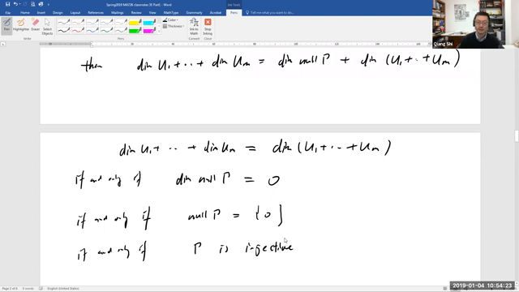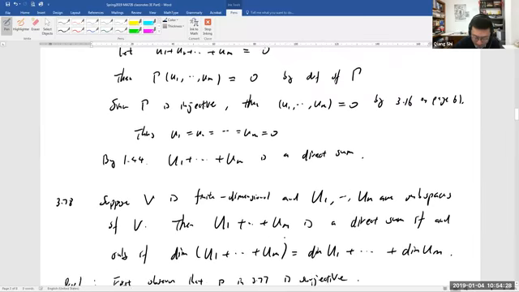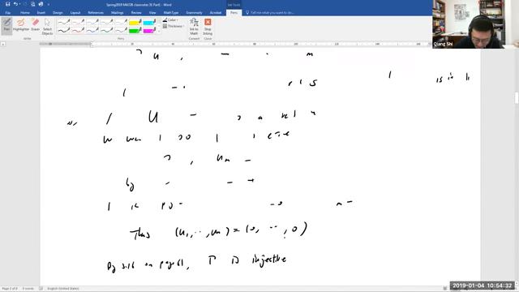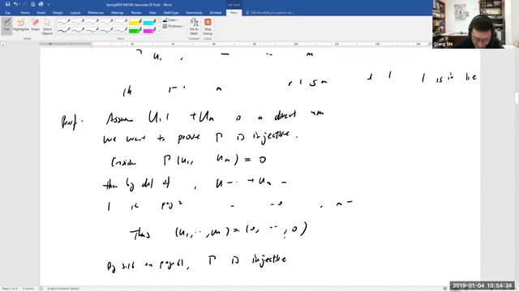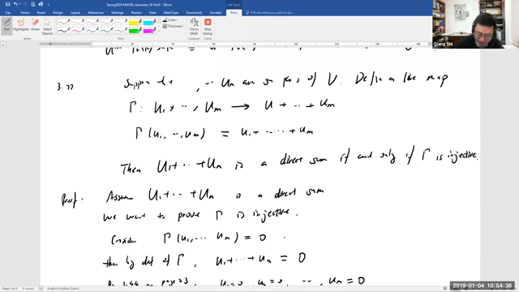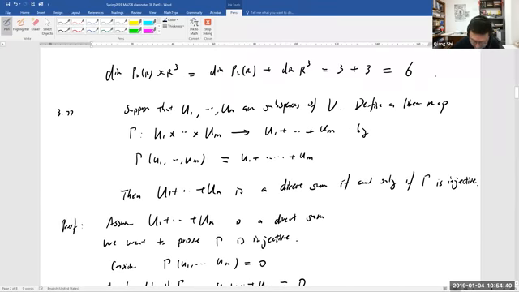Okay, and then by our discussion earlier, why we built that gamma function, we're saying gamma is injective if and only if the sum is a direct sum.